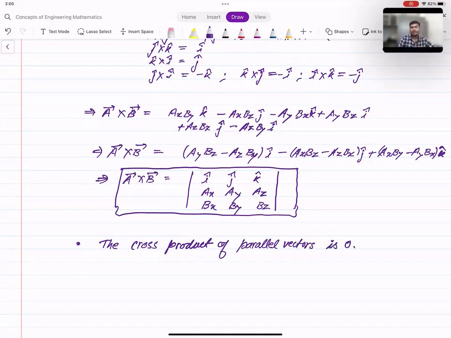And this concept can be used to find the coplanarity of given vectors. Suppose three vectors are given, and we need to find whether they are coplanar or not. So for them to be coplanar, the third one should be perpendicular to the cross product of the other two. So that is the concept of this vector product.